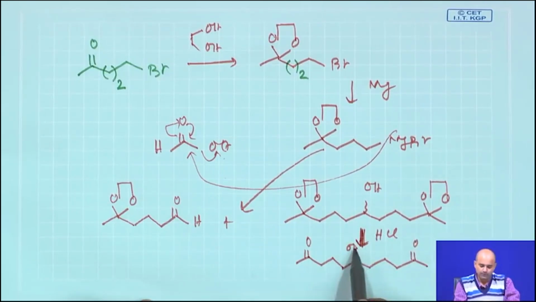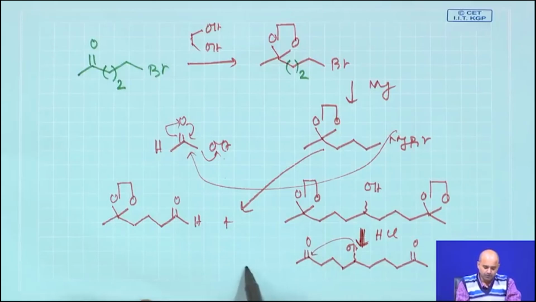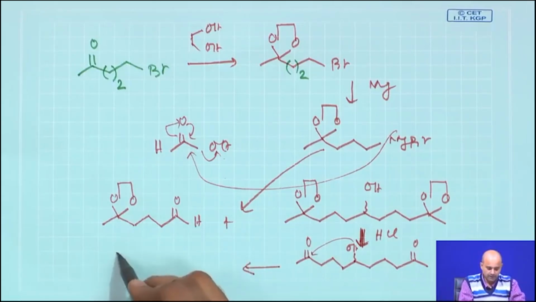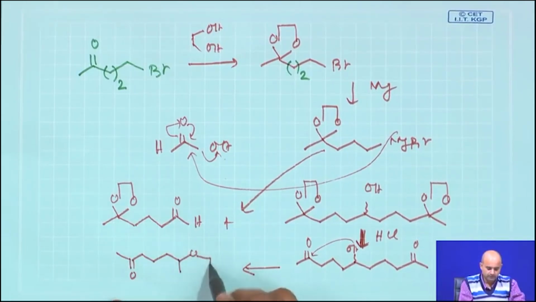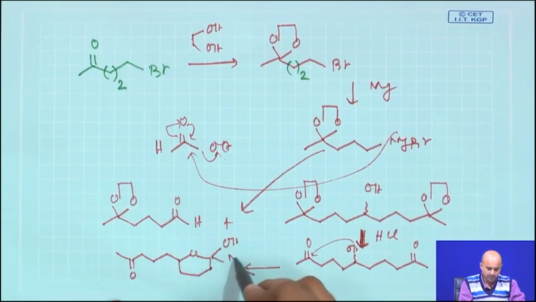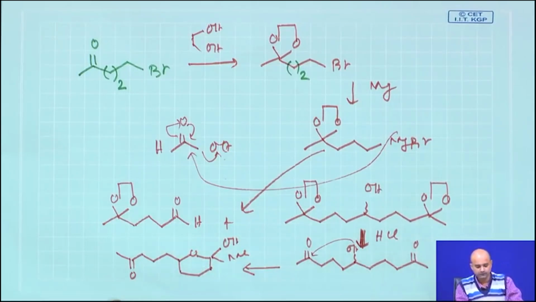Now any one of these ketones will react with this OH to give you the target molecule, which is a cyclic hemiacetal. If you rewrite the target molecule structure, it gives you this, this OH and Me, so 1 2 3 CH2, 1 2 3 CH2. So this OH reacts with either this or this, and you get the target molecule.